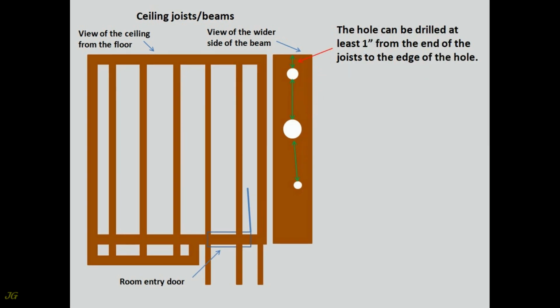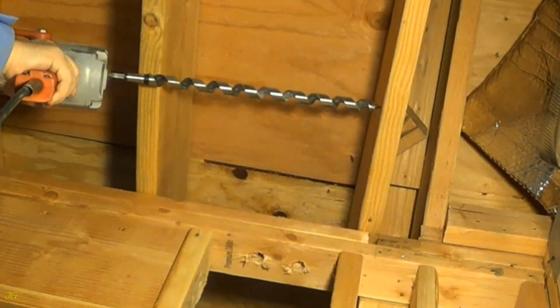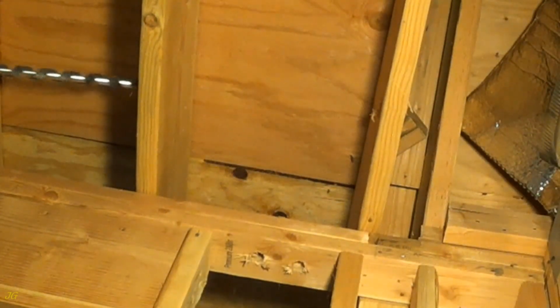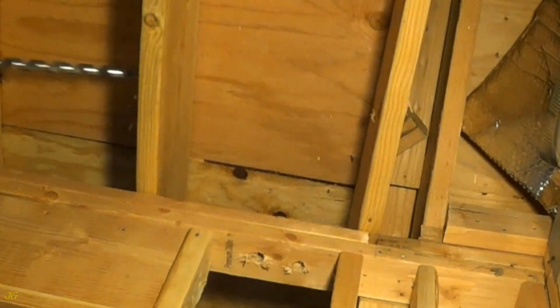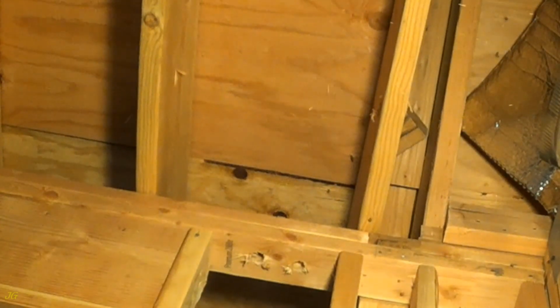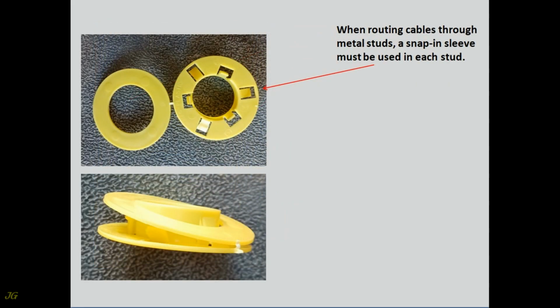The hole can be drilled at least 1 inch from the end of the joists to the edge of the hole. Holes, openings in joists, beams. When routing cables through metal studs, a snap-in sleeve must be used in each stud.